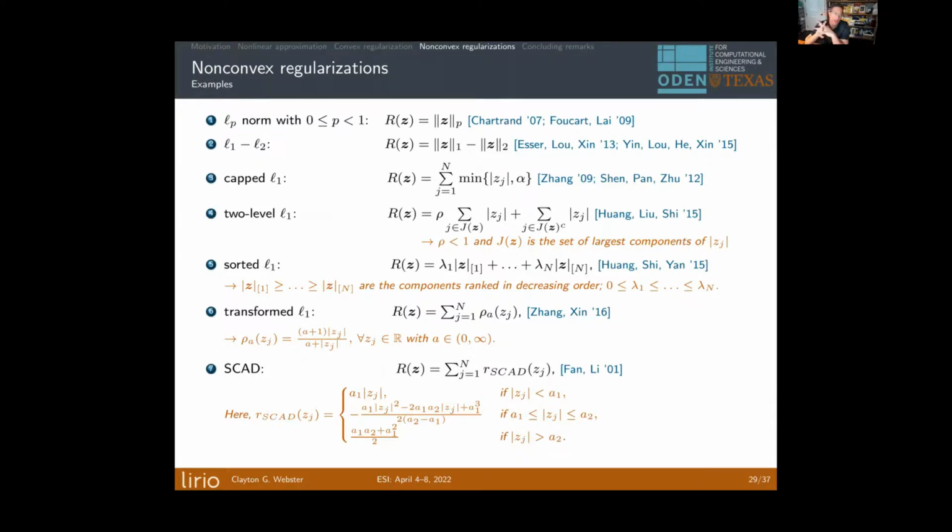LP with P less than 1. There are already several papers on this particular one, but our theory will also include this. It includes L1 minus L2, what people call capped L1, 2-level L1, sorted L1 in the following sense, the transformed L1, and even this method people have called SCAD. And I'll show you some examples of the LP balls here.